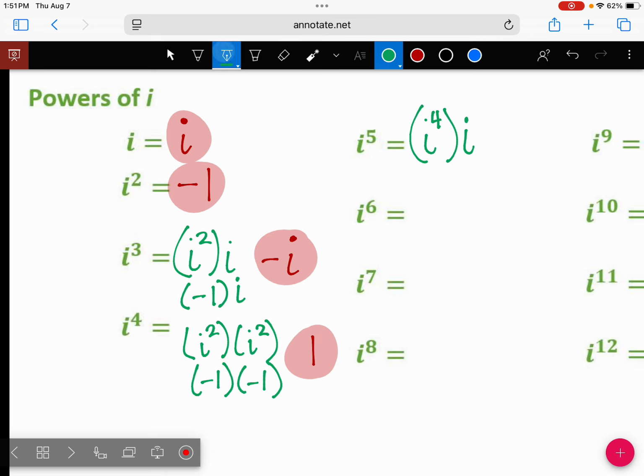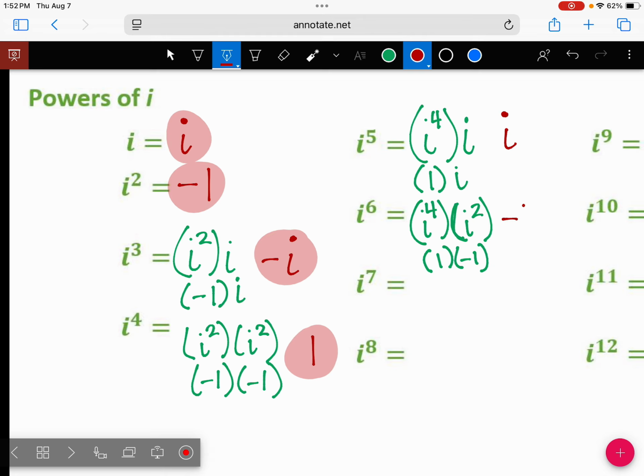So what that means is I just have 1 times i, which is just i. i to the power of 6 can be separated to i to the 4th times i to the 2nd, which means i to the 4th is just 1, i to the 2nd is -1, and 1 times -1 is -1.